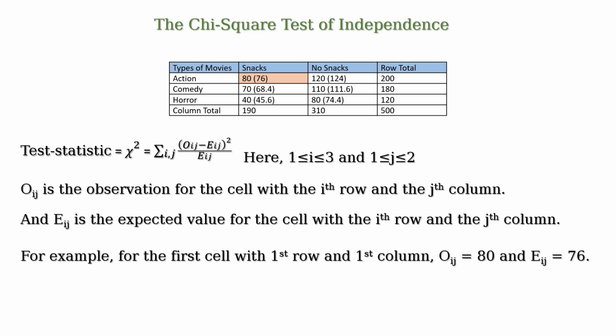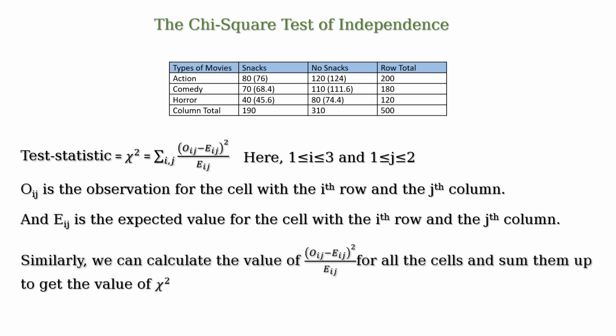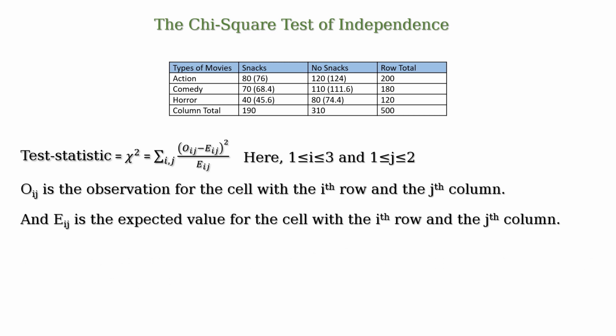So, Oij minus Eij whole square divided by Eij is equal to 0.213 after calculation. Similarly, we can calculate this value for all the cells and sum them up to get the value of chi-square. In our case, chi-square is equal to 1.509 after calculation.